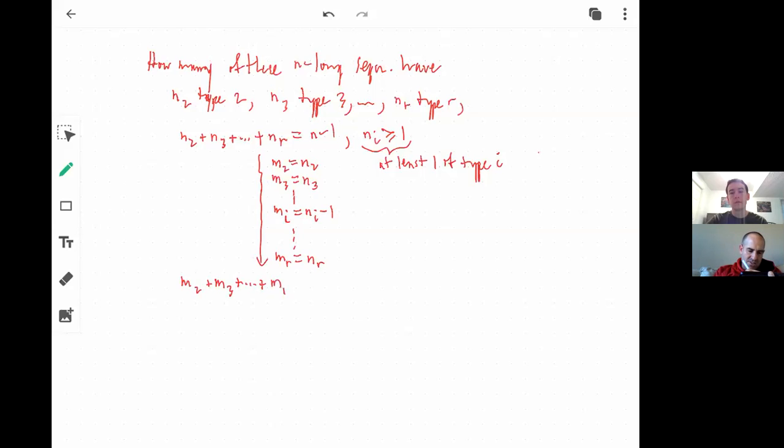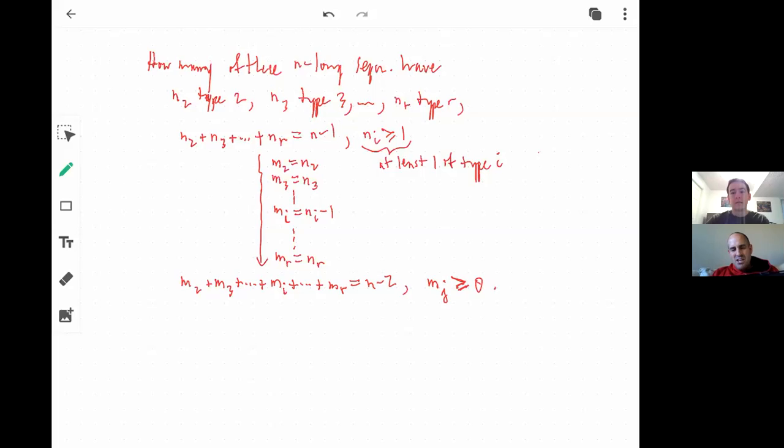Right now I have M_i sitting here. That would equal N-2. Yeah, N-2. And now the only restriction is that the M_j's are bigger than or equal to 0.